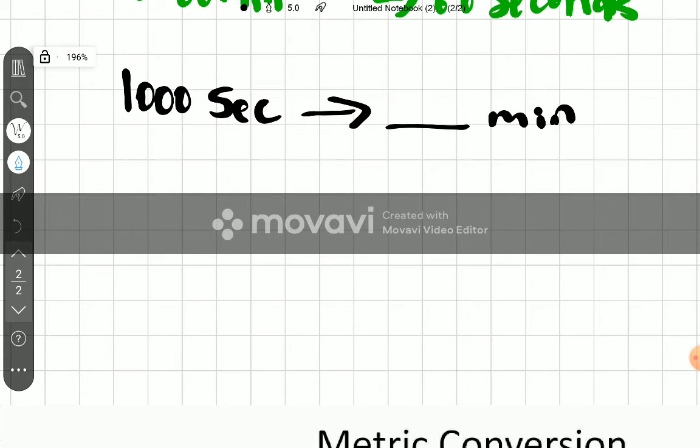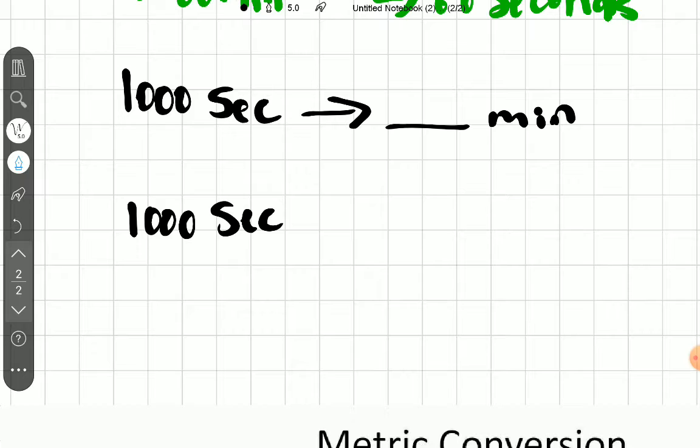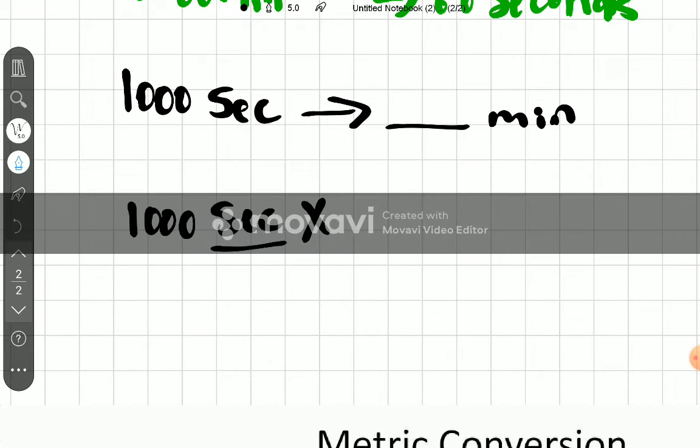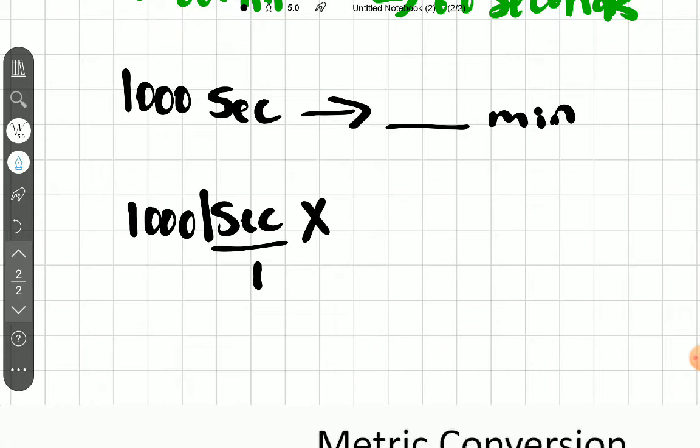So we're going to actually be multiplying fractions. Because this is a fraction and seconds is the top unit and there's no unit on the bottom, we can just write 1. And we want to convert it to minutes, and if you see, we have seconds on the top of the fraction, so if you want to cancel it out, it should be the denominator unit.